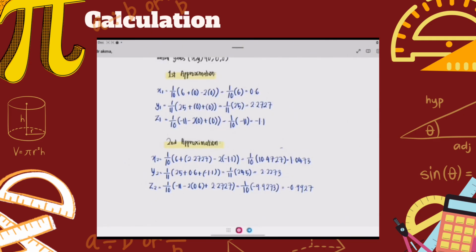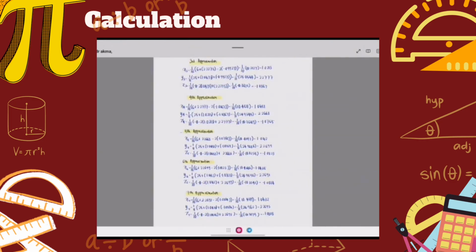From the values of the first iteration, we will substitute into the second iteration. As we can see here, I use this value and also this one, and we will get the values of the second iteration. For the next iterations, we will repeat the same process for the third, fourth, fifth, sixth, and seventh.